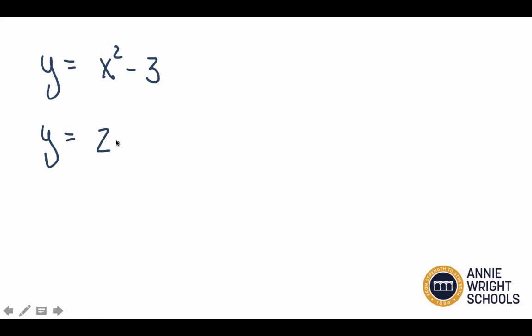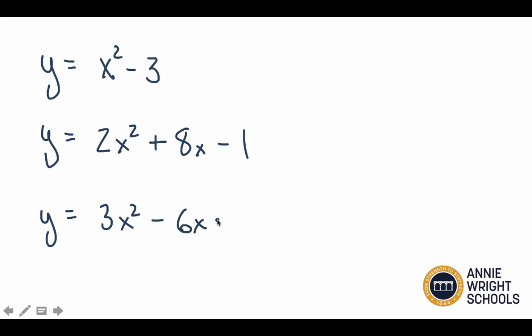Y equals 2x squared plus 8x minus 1. Find the x and y coordinate of the vertex there. And then lastly, kind of a messy one, y equals 3x squared minus 6x minus 5.